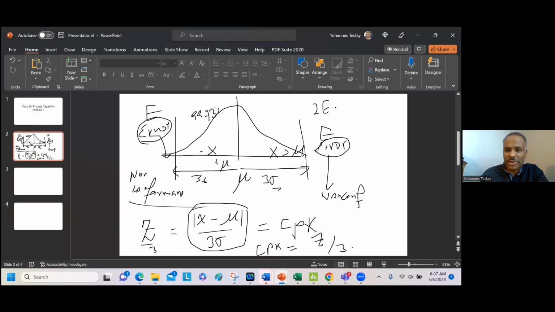And 2E times 10 to the power of 6 is the PPM. So PPM is going to be a calculation, that's it. And we're going to associate CPK with it, just like that.